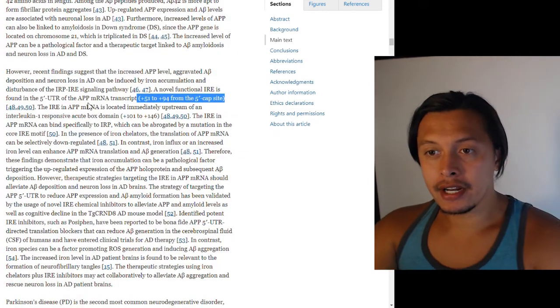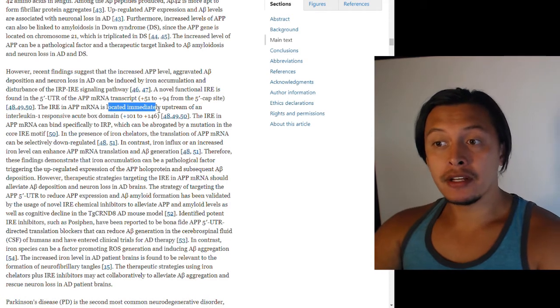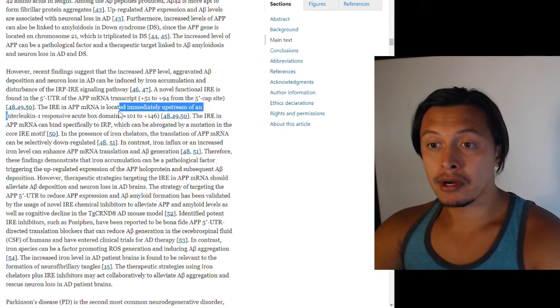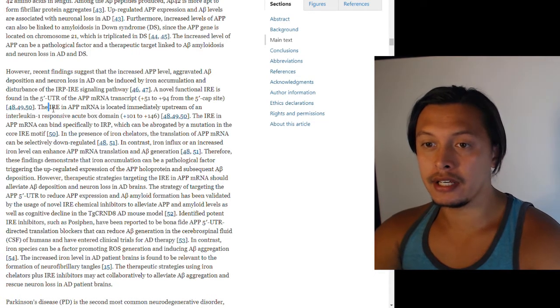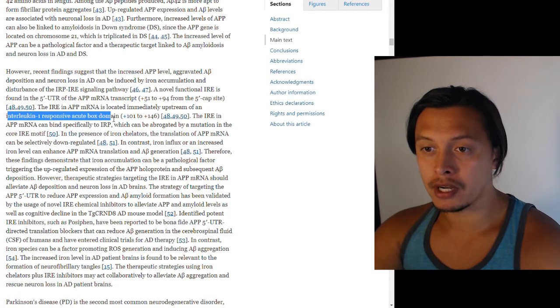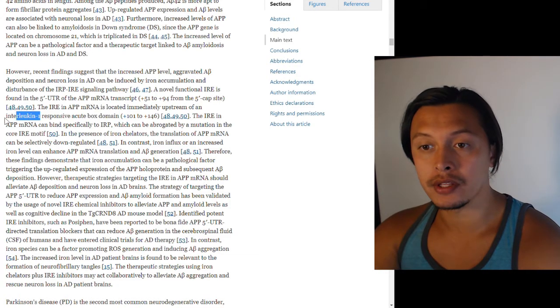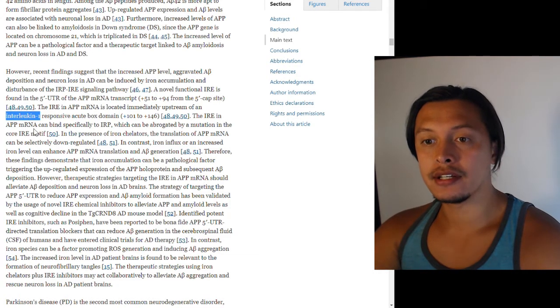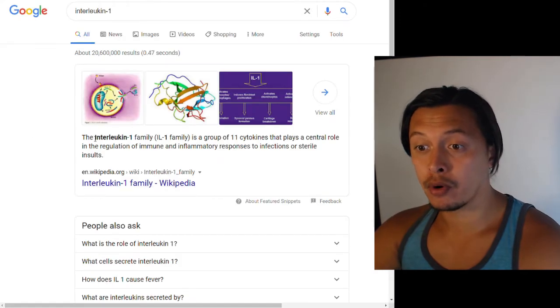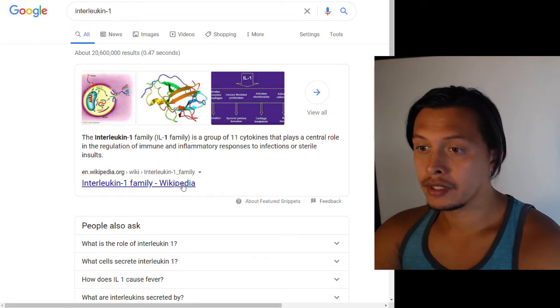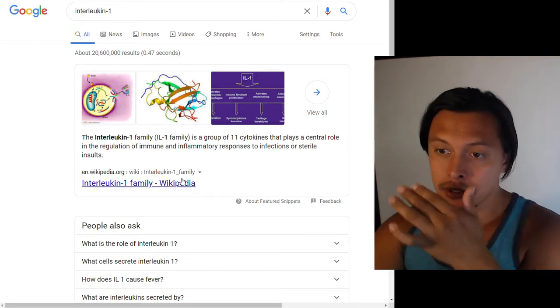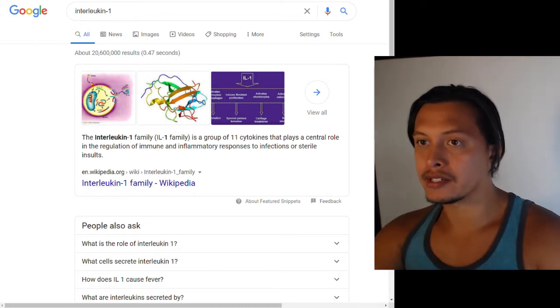So the IRE in the APP mRNA is located immediately upstream of an interleukin-1 response acute domain. Remember interleukin-1, this is one of the cytokines that is generally pro-inflammatory. I didn't realize how big of a family it was.